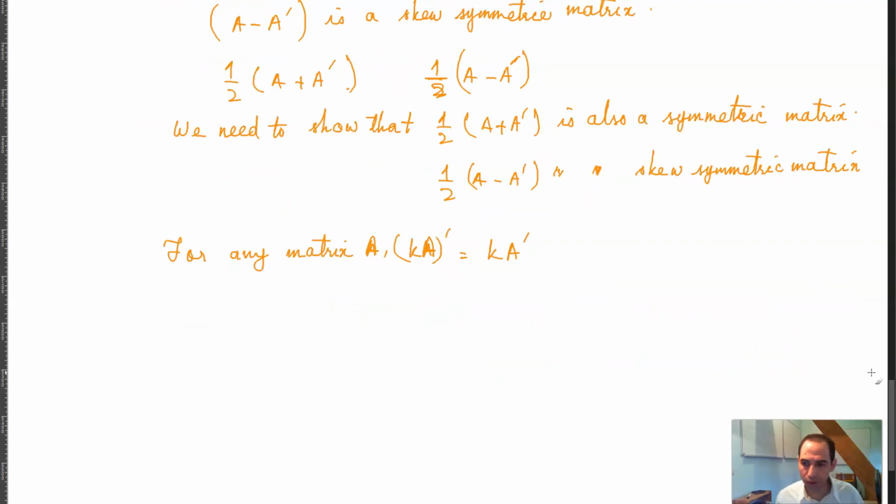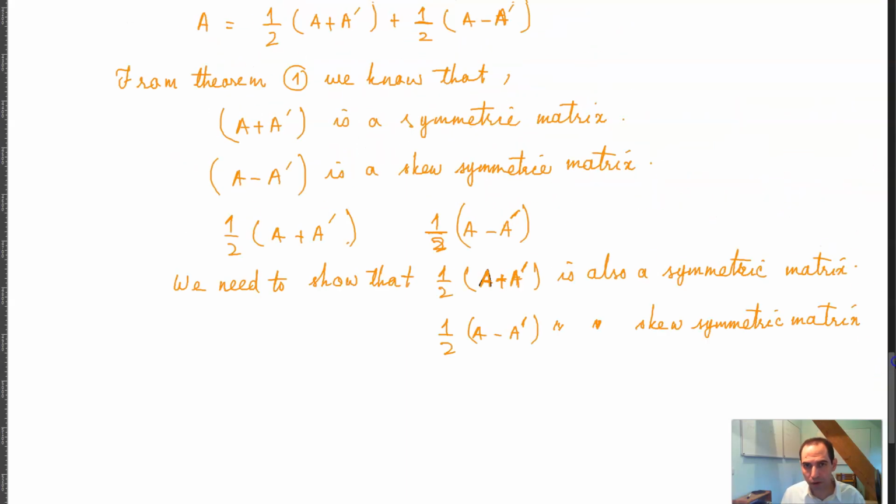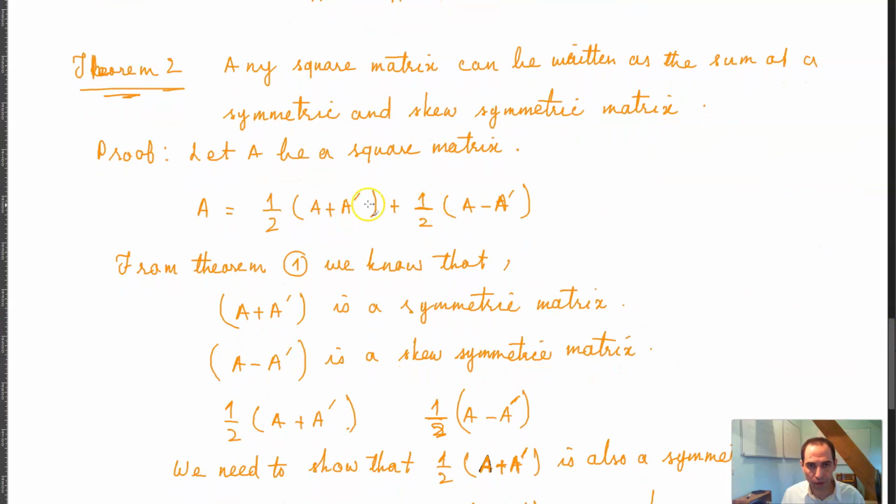The reason I'm saying that we need to show these two is that if I can show that 1/2 times A plus A prime is a symmetric matrix, and 1/2 of A minus A prime is a skew symmetric matrix, then over here I have written A as 1/2 of A plus A prime plus 1/2 of A minus A prime.